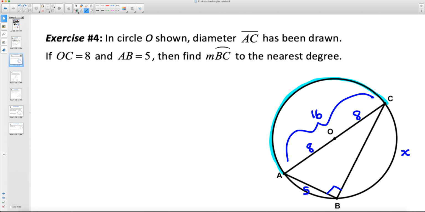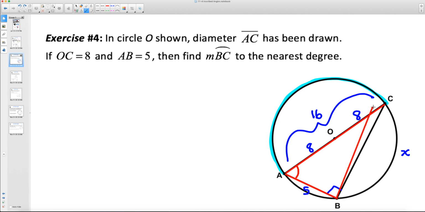What we really want to do is find the measure of angle A, because angle A is an inscribed angle, which means that it's going to be half of whatever this arc is. So if we could find this angle, then we'll just double it and we can get the arc.